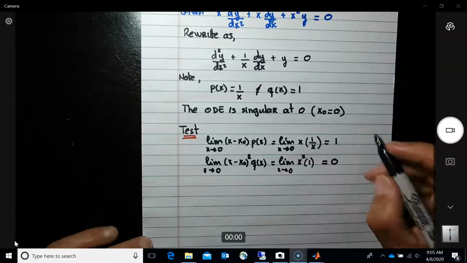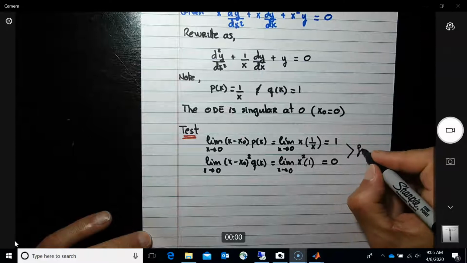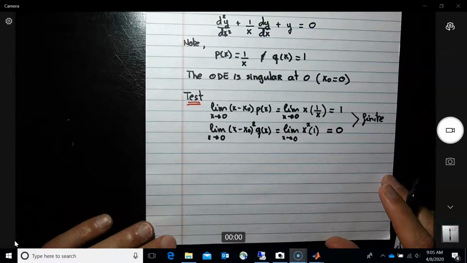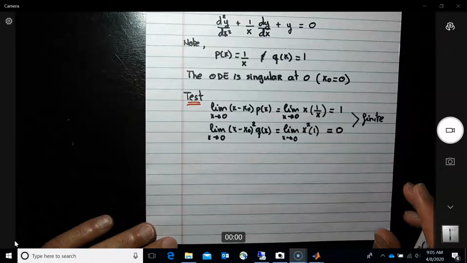Alright, so those two are finite limits, so that means that we can use the Frobenius approximation.